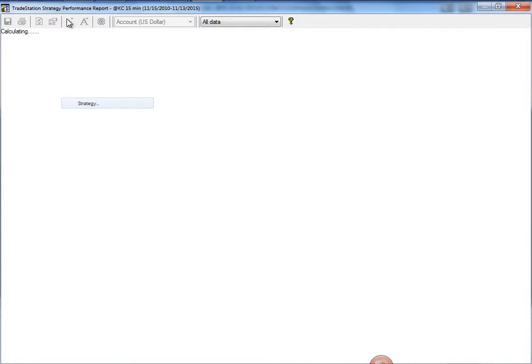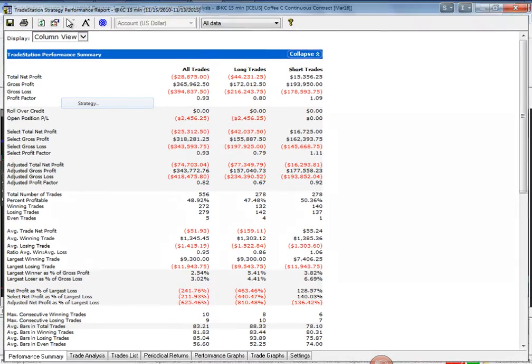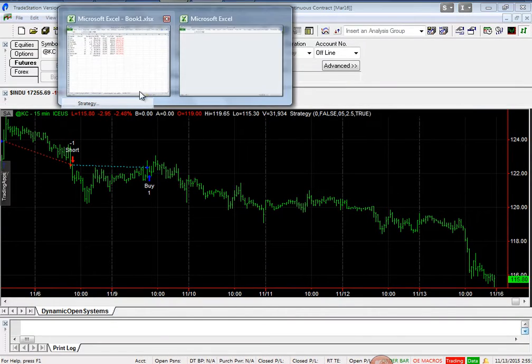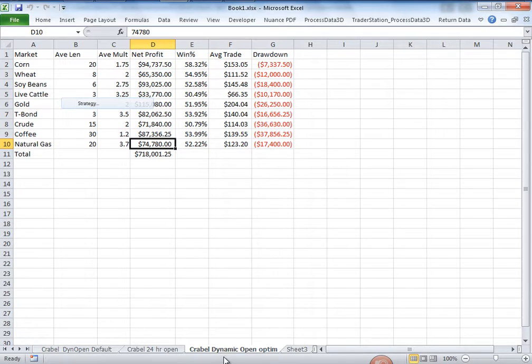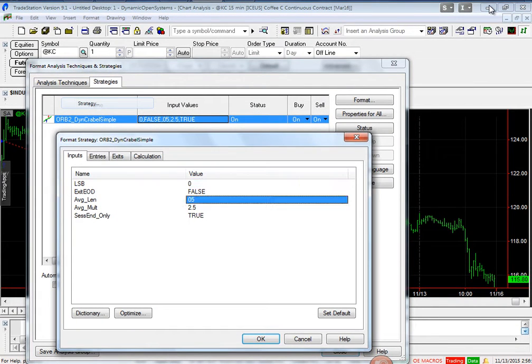And let's look at our results. We lose $28,000, so the results really aren't that good using the default. Now, if we go to our table here, which optimized dynamic open, we see 30 and 1.2 as our best set of parameters. 30 and 1.2.